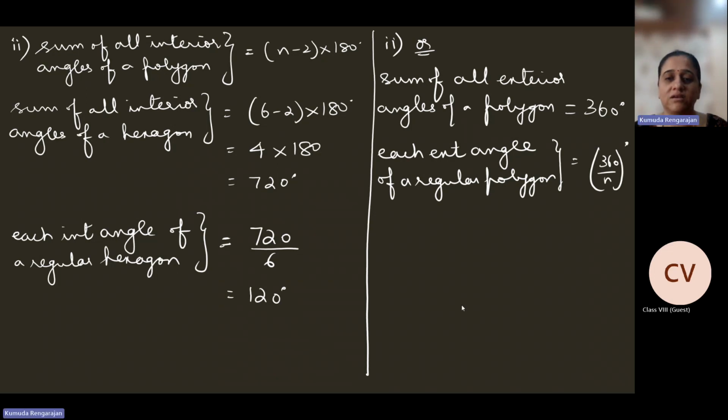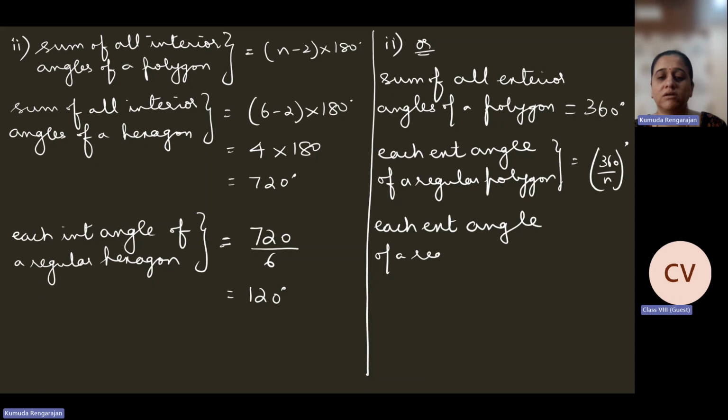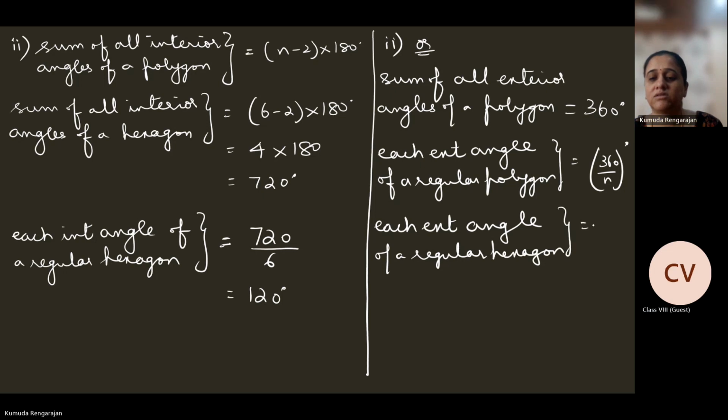Each exterior angle of a regular polygon will be 360 by n, the number of sides, because the number of sides is equal to the number of angles. So what is each exterior angle of a regular hexagon? 360 by 6. It's 60.